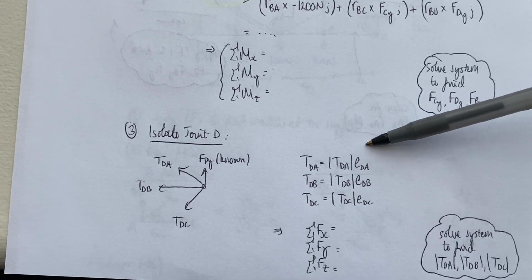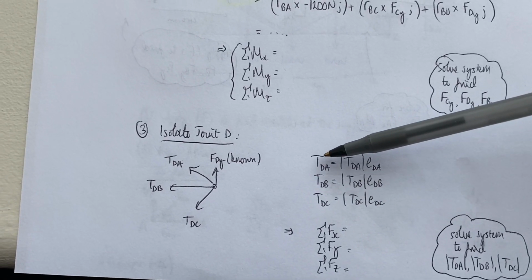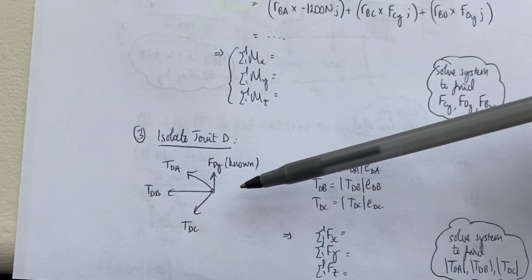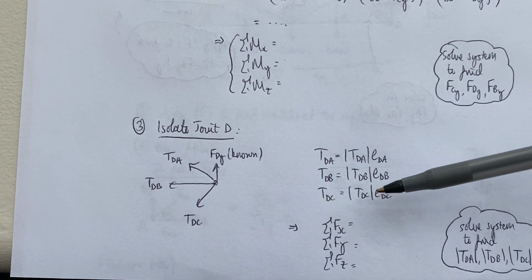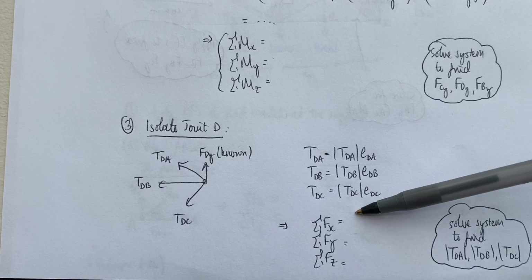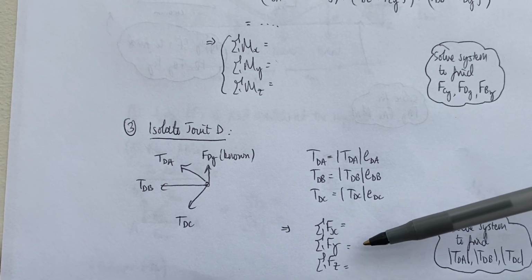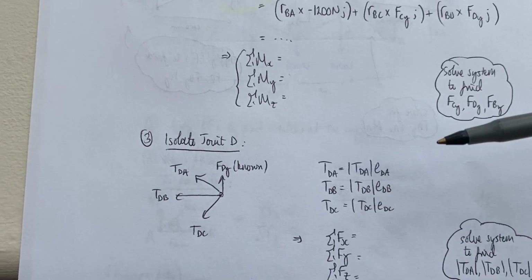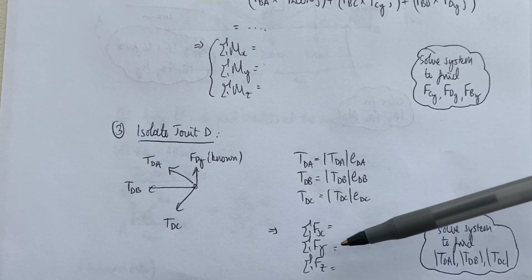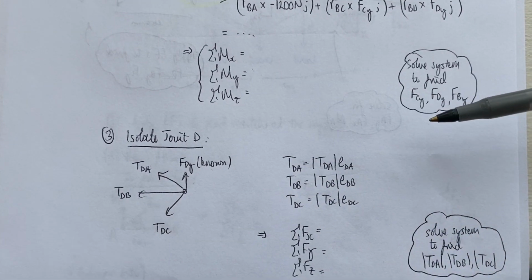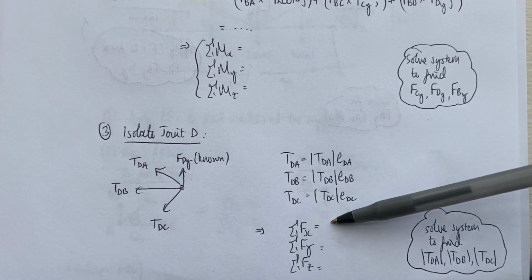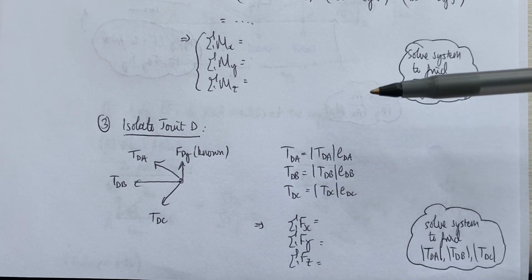I will have equations for TdA, TdB and TdC and their components, based on the unit vectors, and then I can separate those into the sum of the forces in x, y and z. That will give me 3 equilibrium equations and 3 unknowns, and therefore I can solve for these unknown magnitudes of the axial forces.